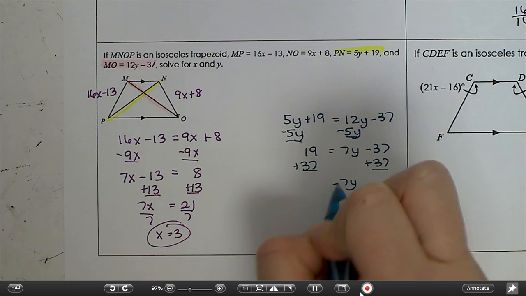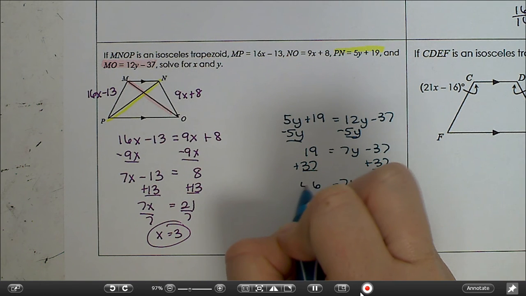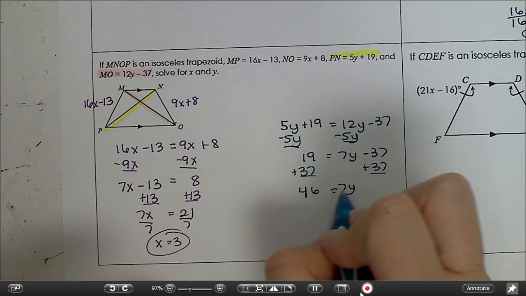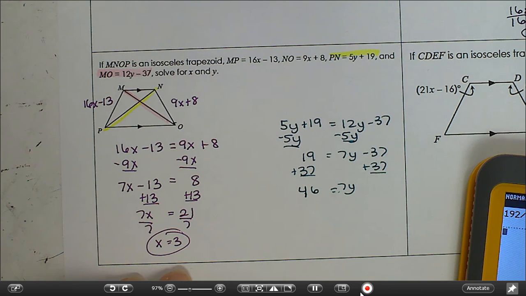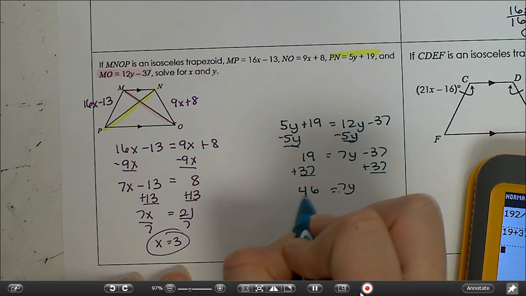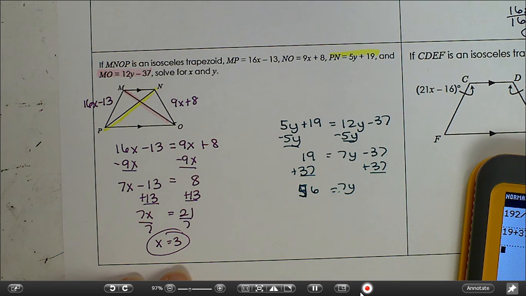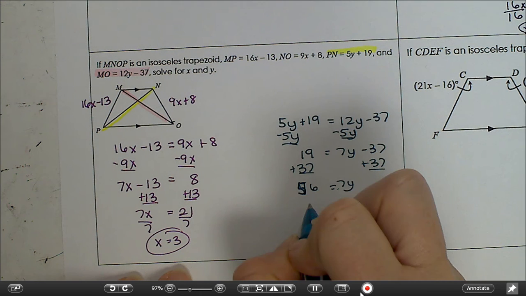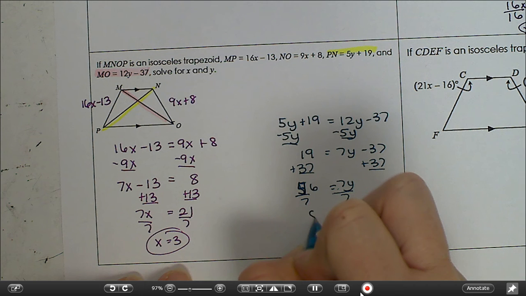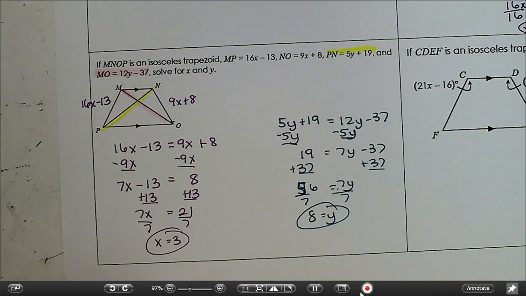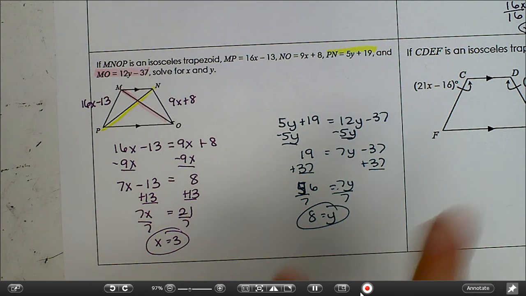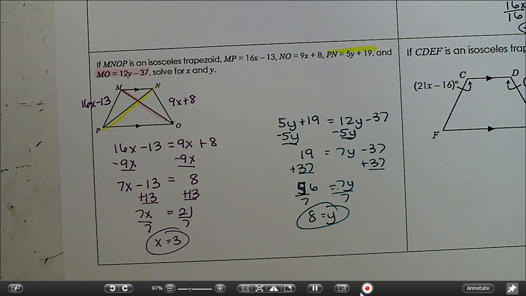But it really doesn't matter. 46, is that right? 56. Forgot to carry it. Is 8. All right, so two different rules, two different equations, and we're good.